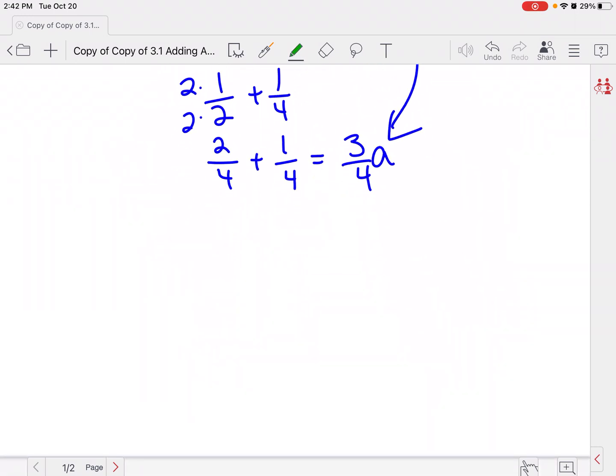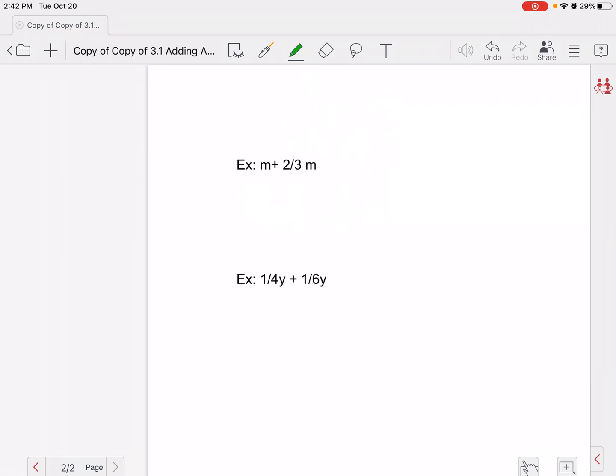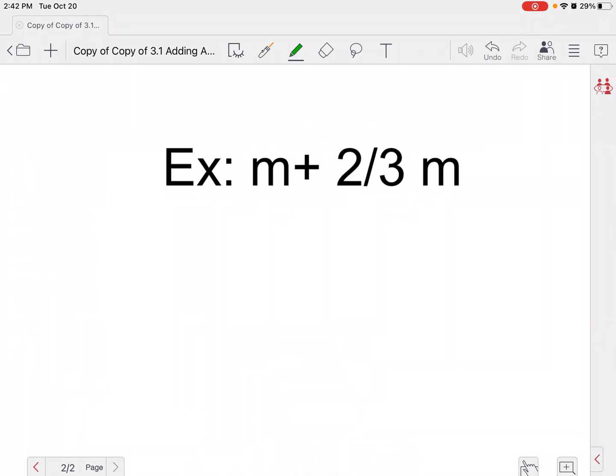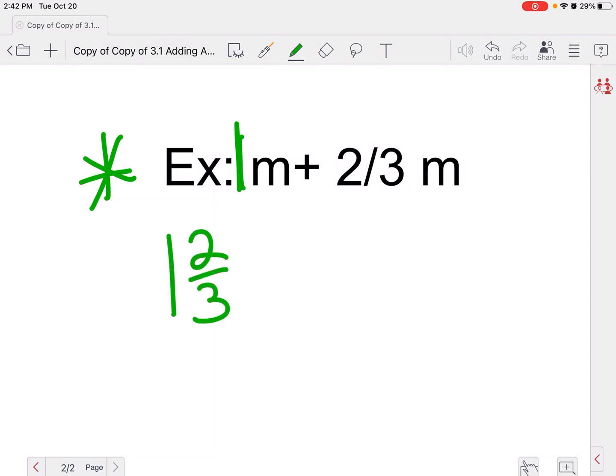Okay, let's try another one on the next page here. So we have m's. Now, whenever there's not a number in front of a variable, there's an assumed 1 there. So go ahead and try this one. So there's 2 ways I could write it, and I will accept either way. So you could write this as 1 2/3 m, because 1 plus 2/3 is 1 2/3. Or you could go ahead and get a common denominator, so 1 over 1 plus 2 over 3.